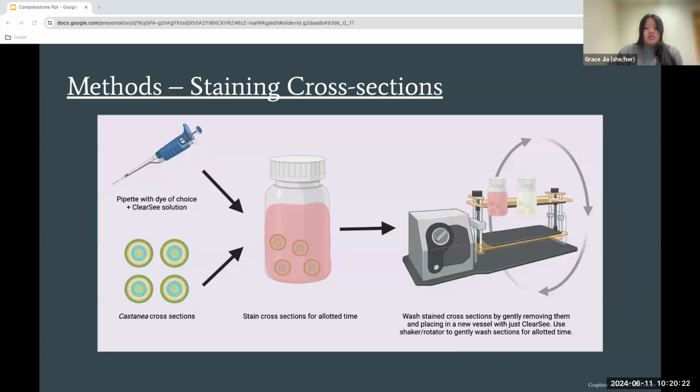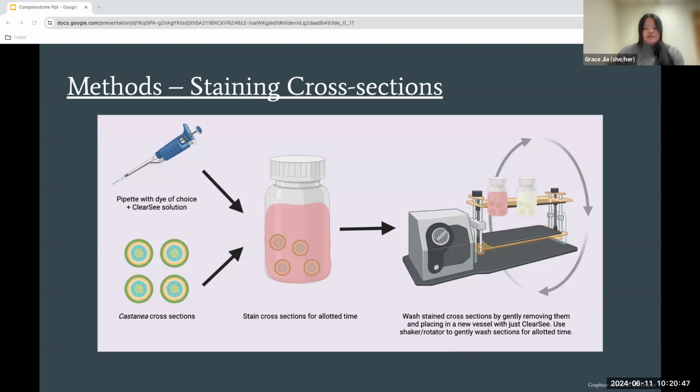The way one would approach staining a cross-section is as follows. A pipette with your dye of choice is made in solution with the ClearSee solution that you will make beforehand, and you will obtain your Castanea cross-sections using the Compresstome vibrating microtome. Then each of the cross-sections will be put into a vessel and stained for an allotted amount of time.